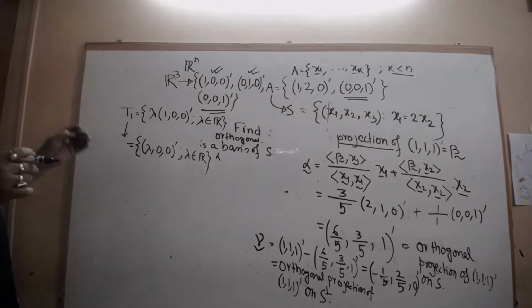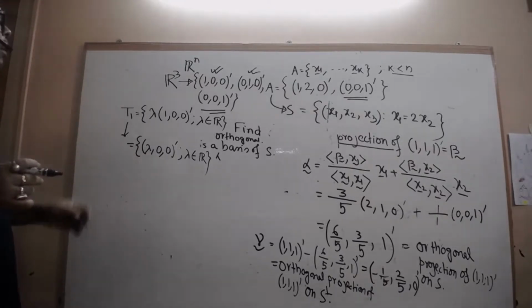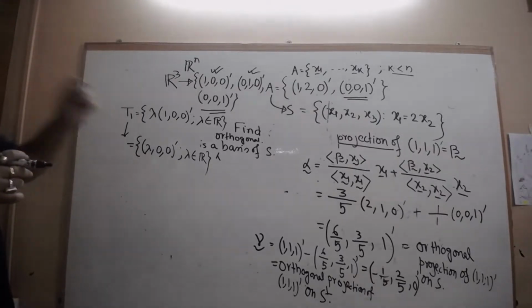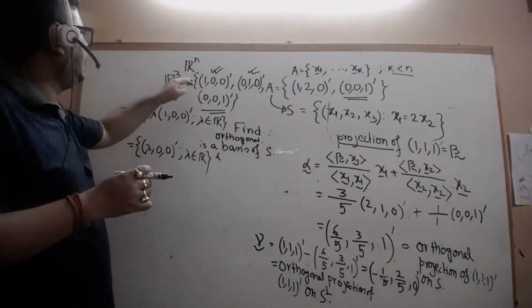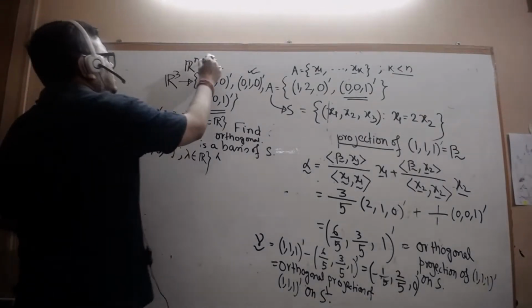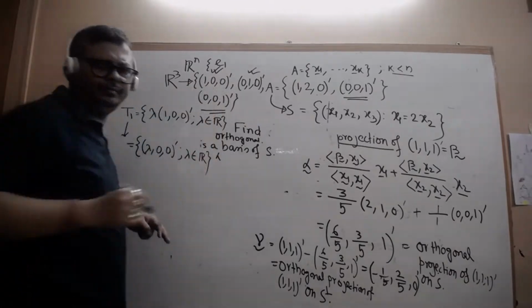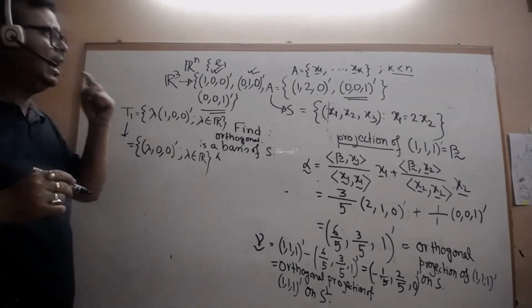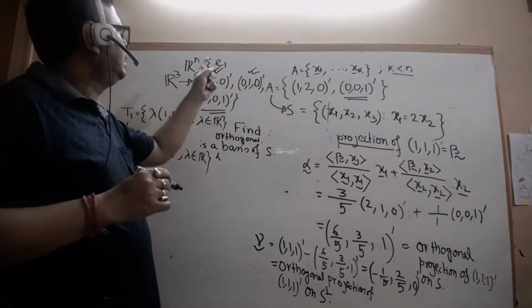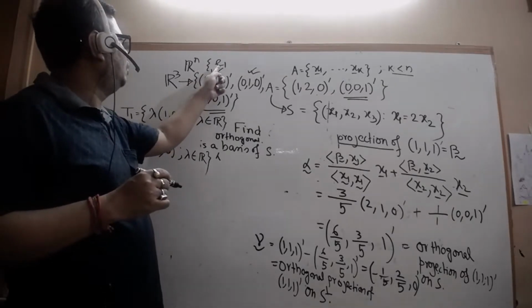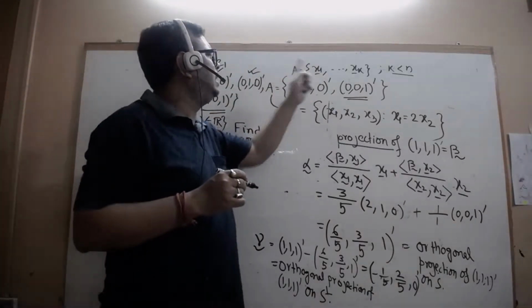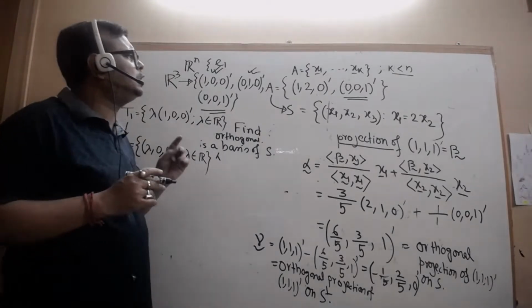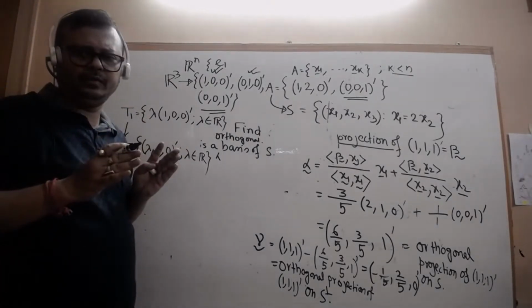Now to find the vectors of a basis of T1, the process is, first you take the canonical basis, say E1, and check whether this E1 can be written as a linear combination of x1 to xk or not.